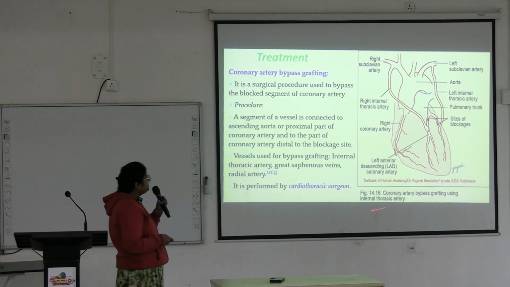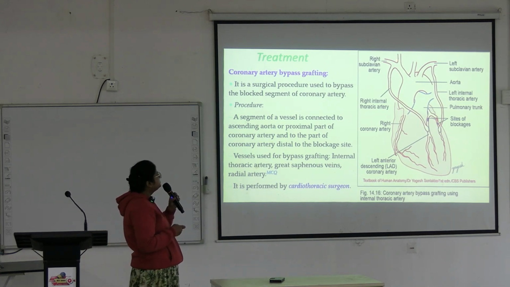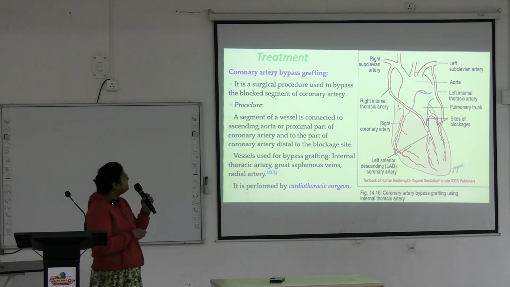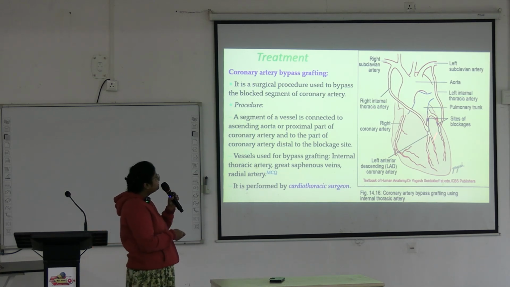Okay, here internal thoracic artery has been used. Internal thoracic artery is a branch of the subclavian artery. Internal thoracic artery is mobilized from the chest wall, and it is connected to the coronary artery distal to the blockage. Here is the blockage, here the artery is connected. So blood will come from the internal thoracic artery and supply the coronary artery branches.